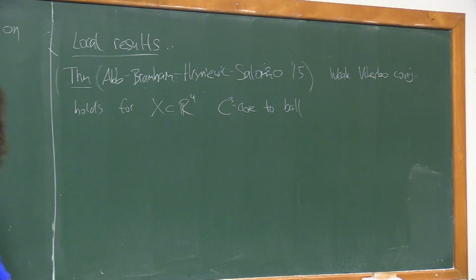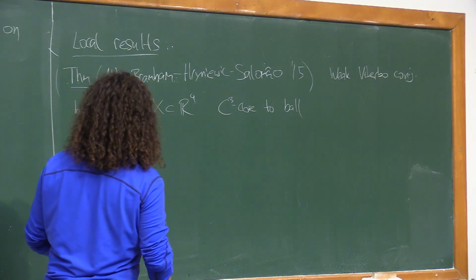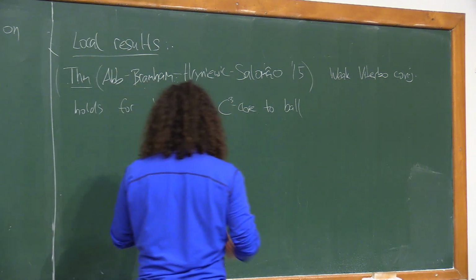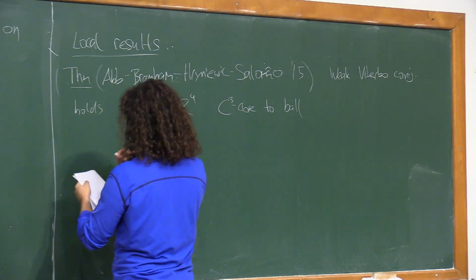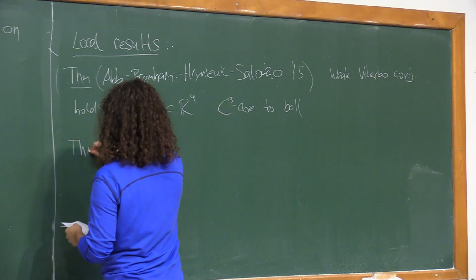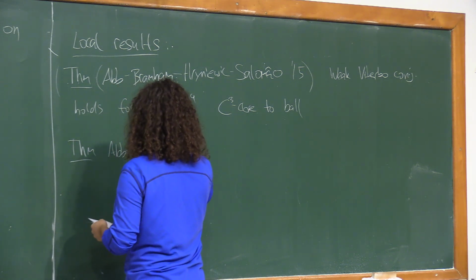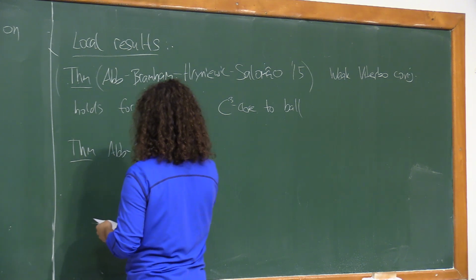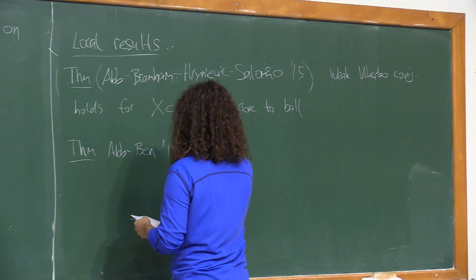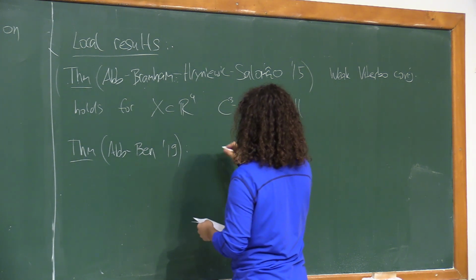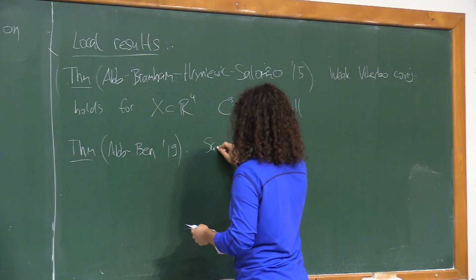Right, and that's a pretty cool result, and it has inspired a whole lot of follow-up work. So just to give some examples, there's an extension of this due to, well, again, Abbondandolo and Gabriele Benedetti, 2019, and that's saying that the same actually works in arbitrary dimension.